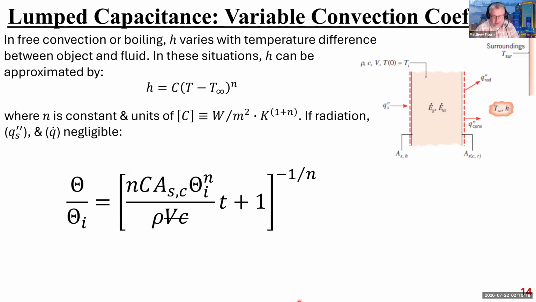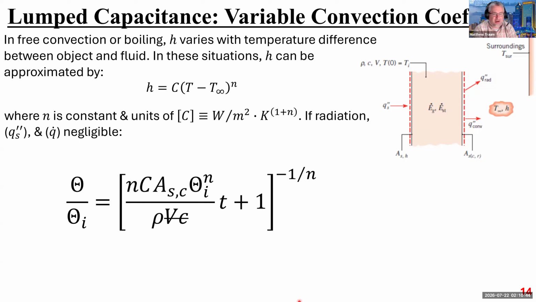There's yet another possibility, which is if we have a variable convection coefficient. It turns out that in free convection, which is if I just have an object sitting out and it's hotter than the environment, it starts getting convection over it because warm air rises above the object and then cooler air gets sucked in to replace the warm air.